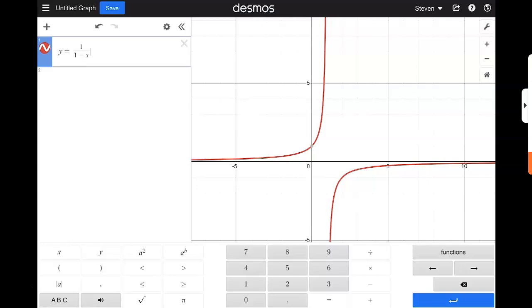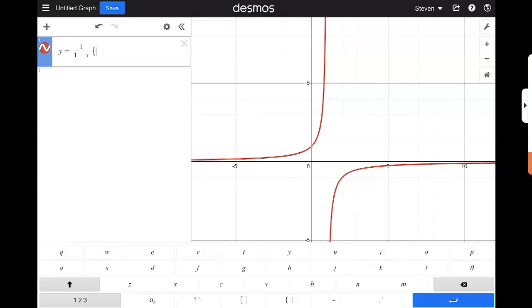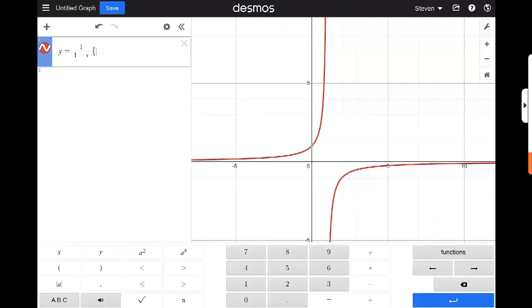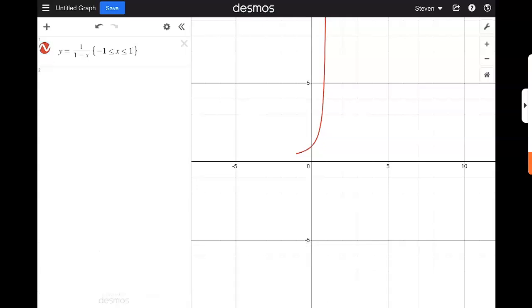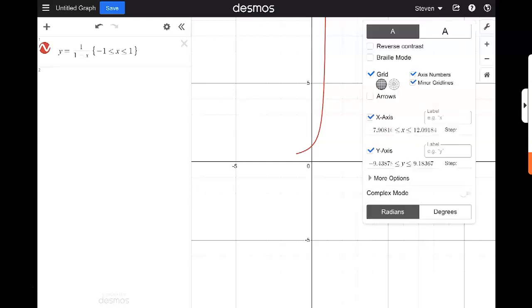But we want to limit it now just to x between minus 1 and 1, so we're only looking at the graph for x between minus 1 and 1. Those are the only values that matter.